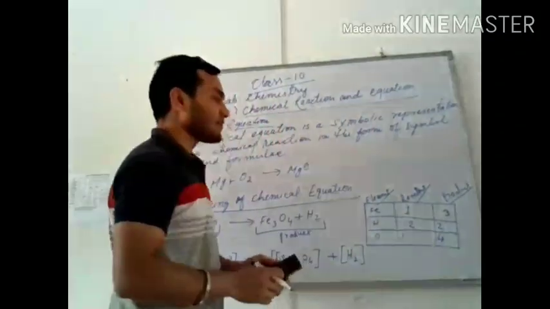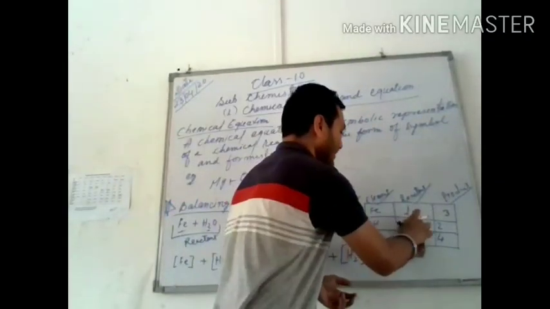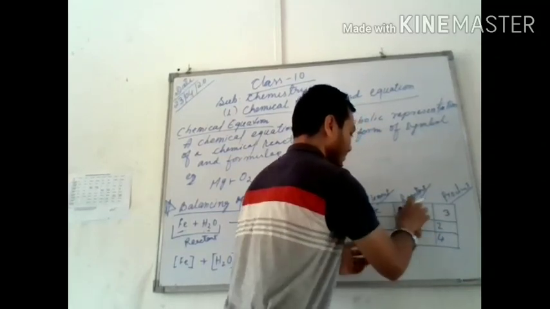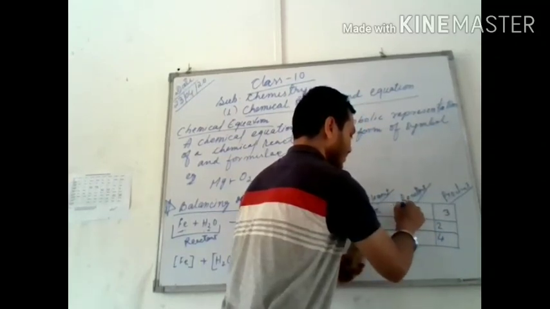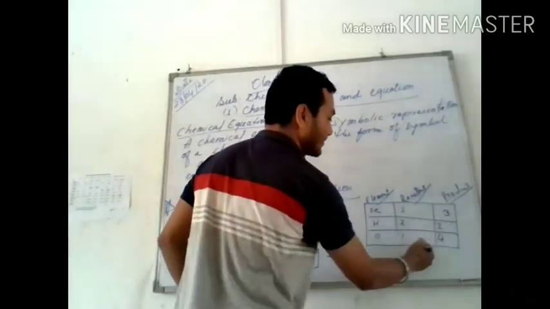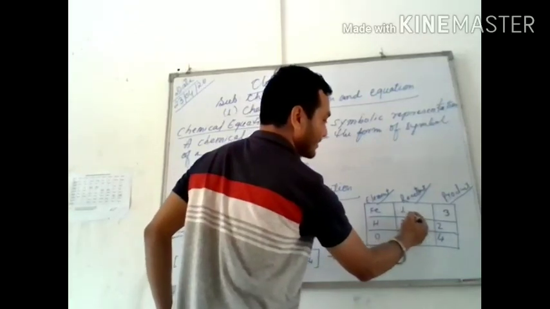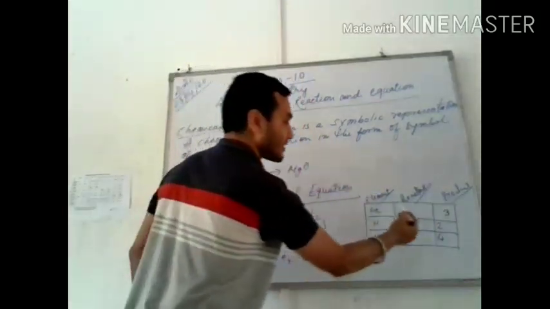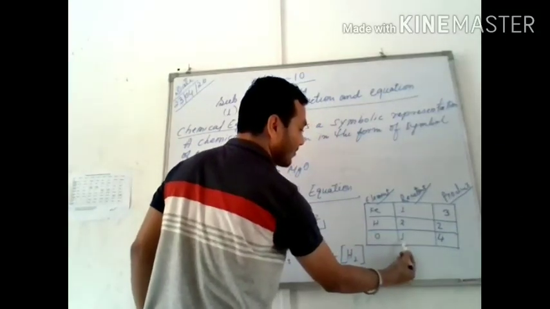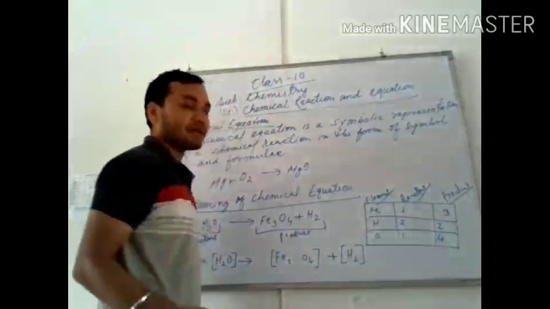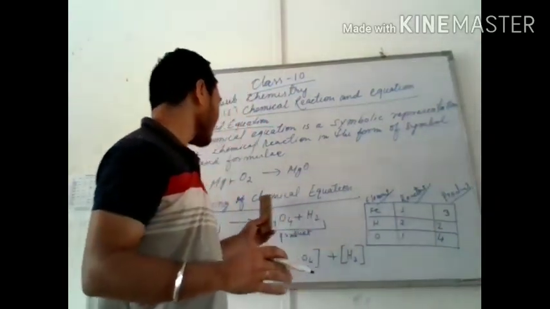Now you see it is totally not balanced. It is not balanced because the atoms of iron are not equal, and the atoms of oxygen are not equal. Hydrogen is equal.